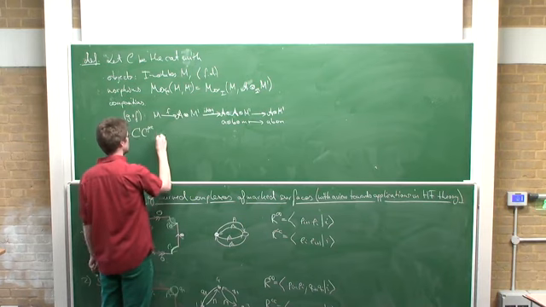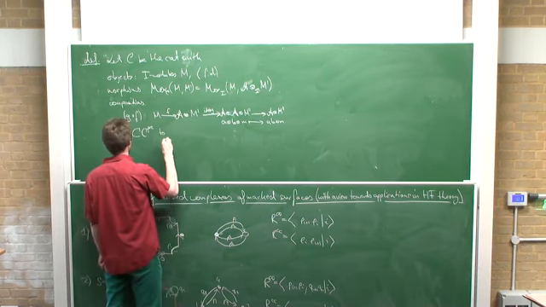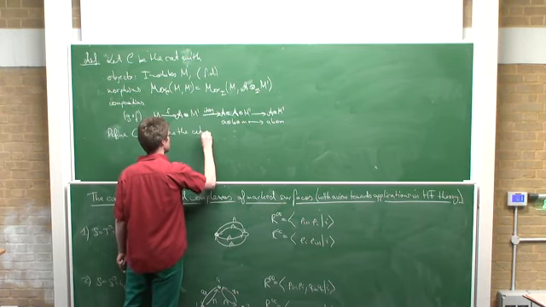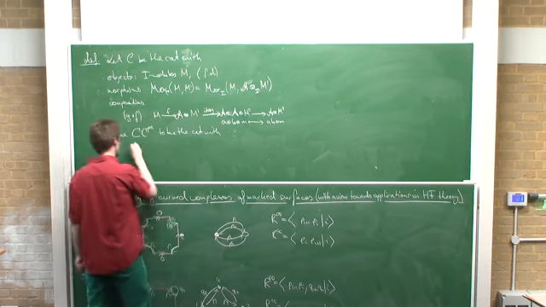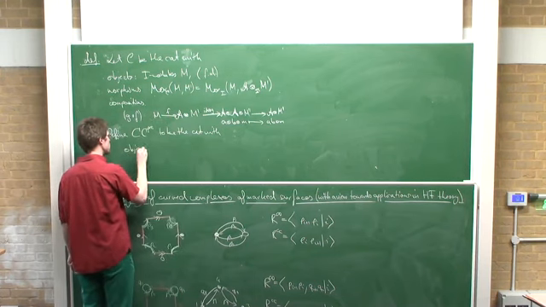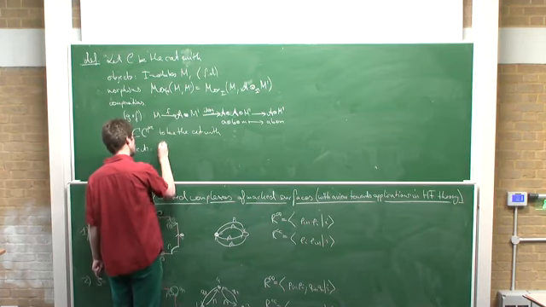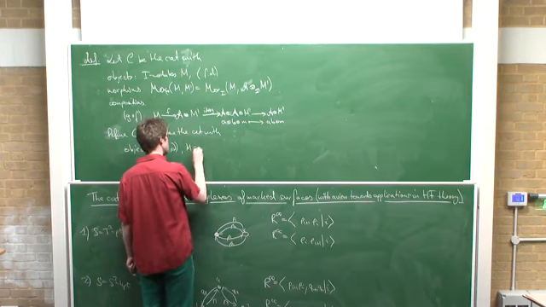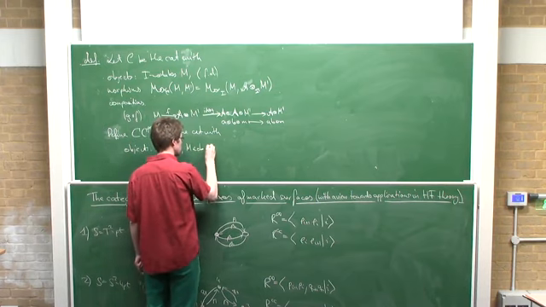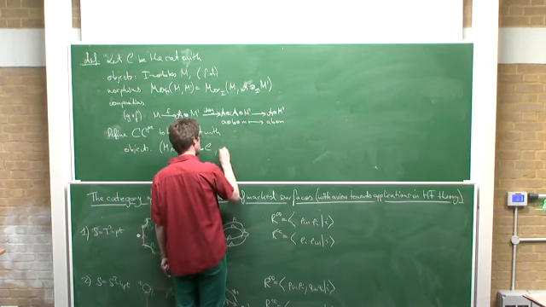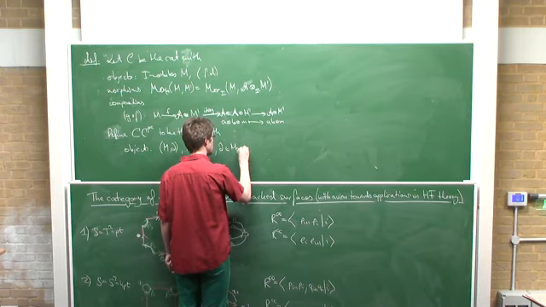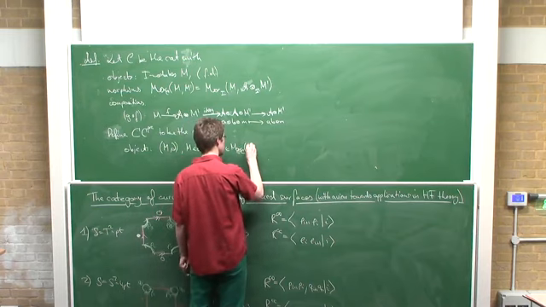Define this to be the category with objects, well, the objects are pairs M, delta, where M is an object in C, and delta is a morphism in C, an endomorphism.